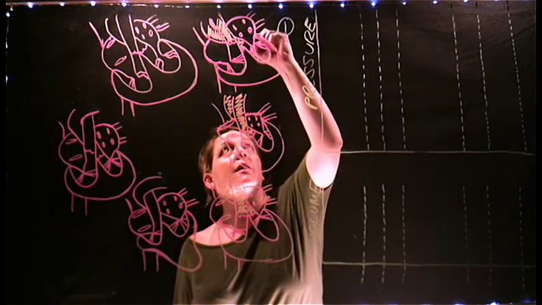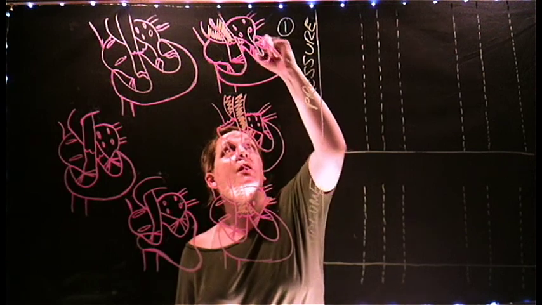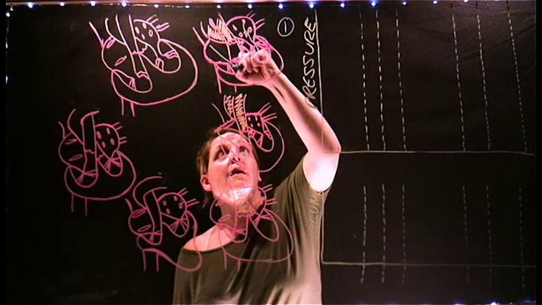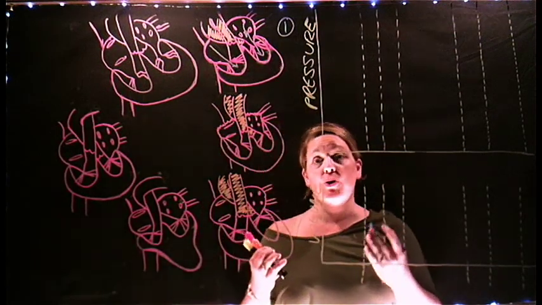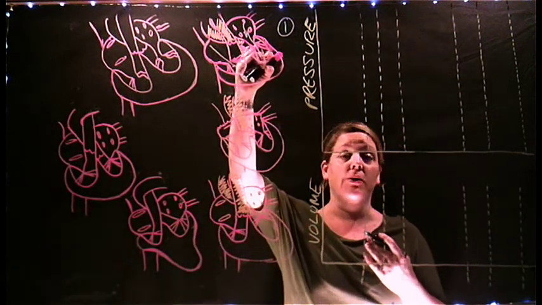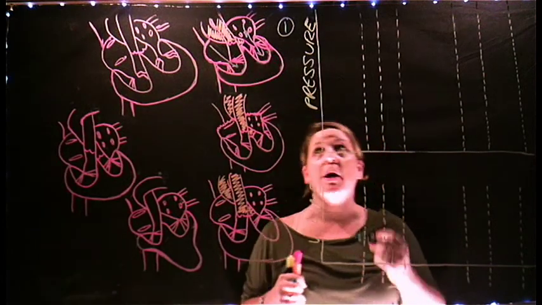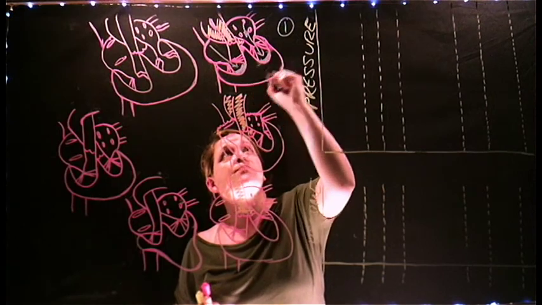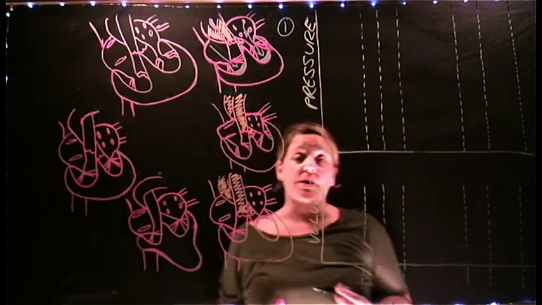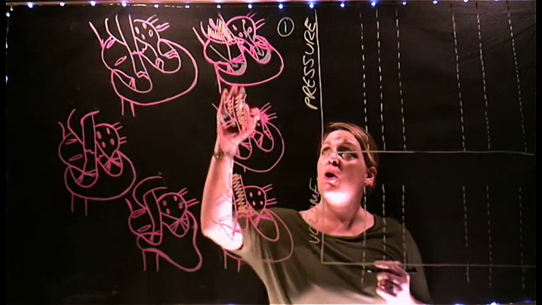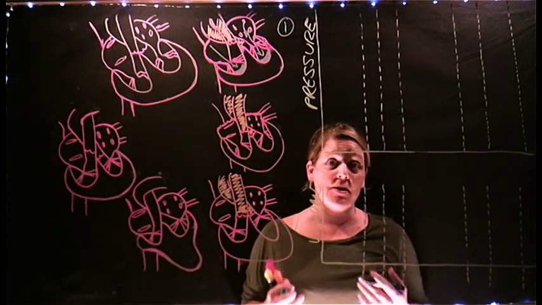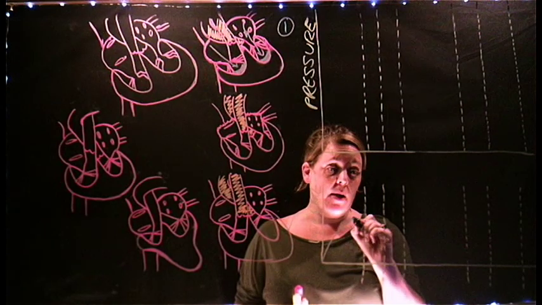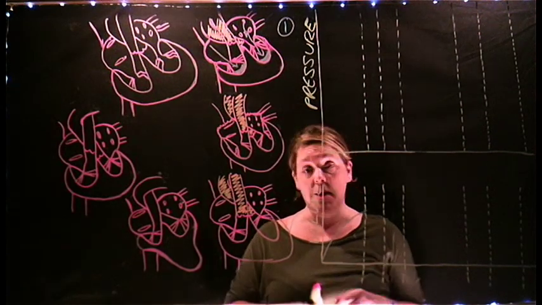What is happening is that blood is passively passing from the atria through the already opened atrioventricular valves, mitral on the left, tricuspid on the right, and we are passively filling the ventricles. During this stage, both of our chambers are in diastole, which means that the muscle is relaxed, and the volume in the ventricle is increasing.